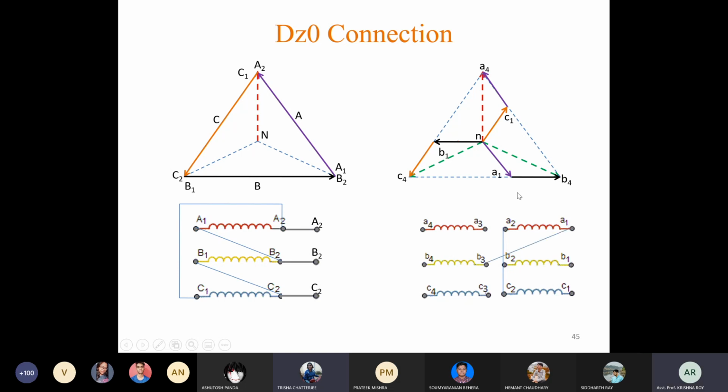These two terminals are the neutral point, so we bring that neutral point out also if we require. And the output terminals are A4, B4, C4. Is it clear?